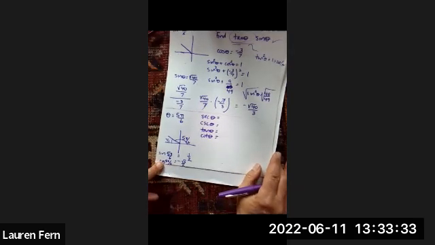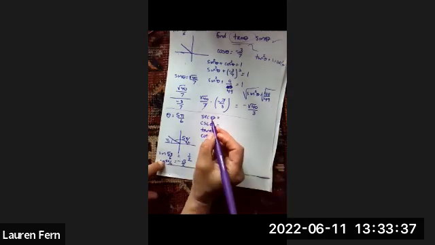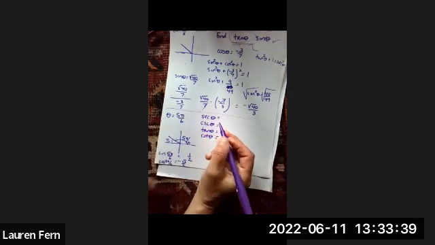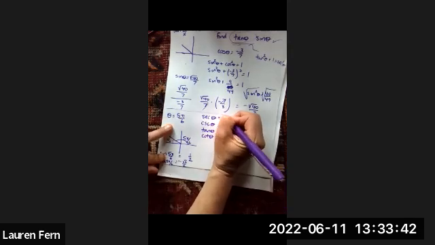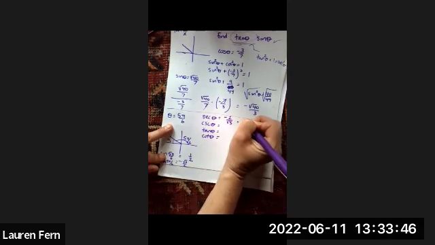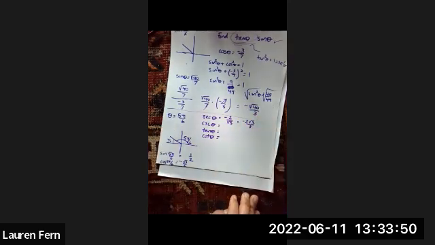Well, if the cosine of 5 pi over 6 is negative √3 over 2, then the secant is just the reciprocal of it, negative 2 over the square root of 3. Or you can write that as negative 2 √3 over 3 if you want to rationalize your denominator.